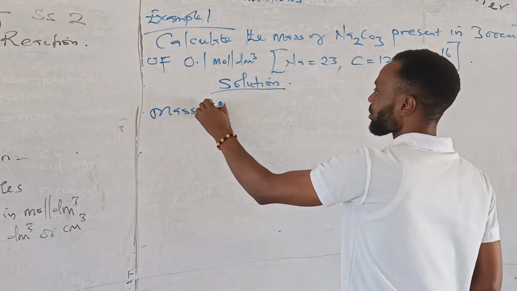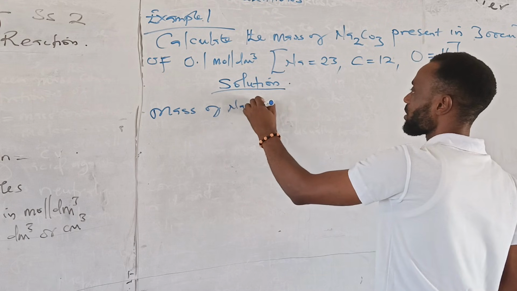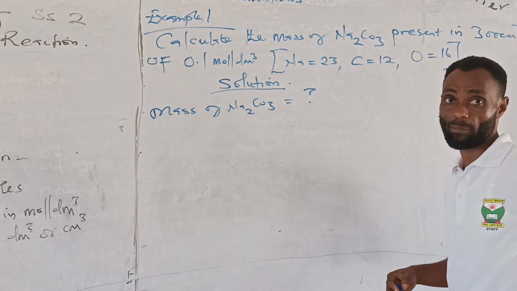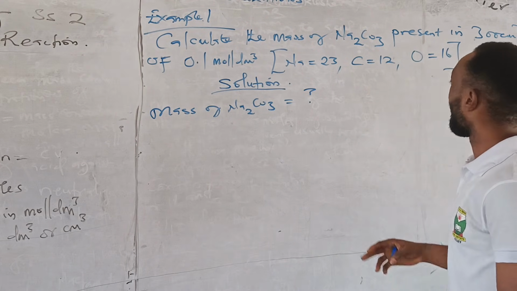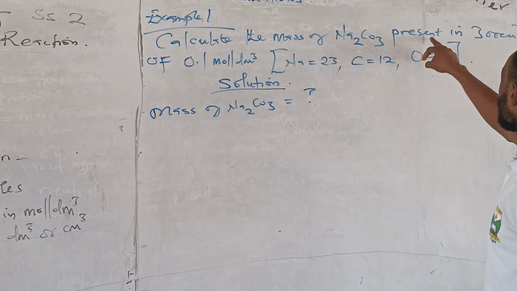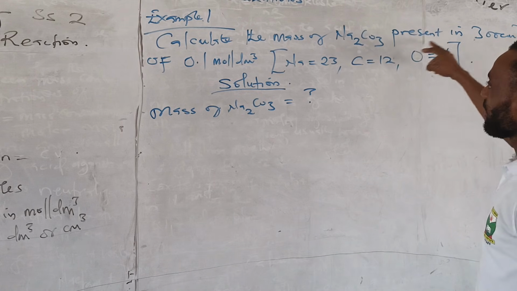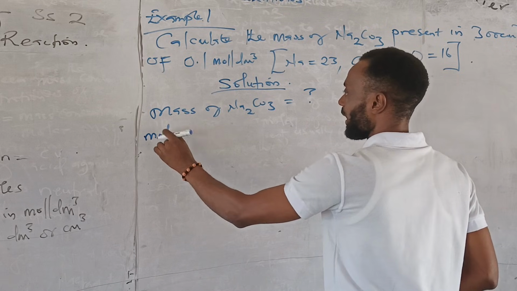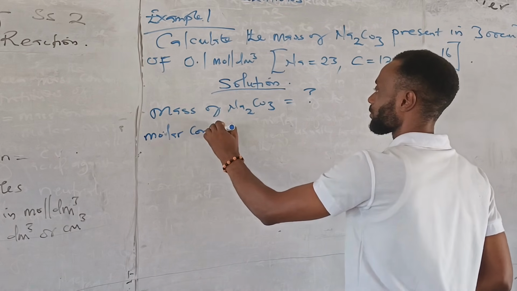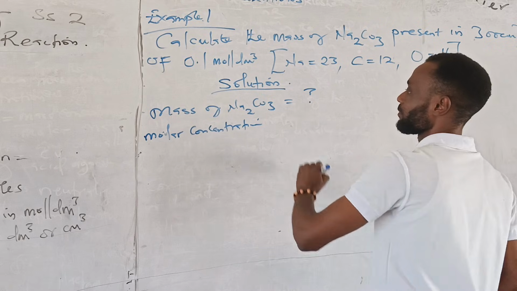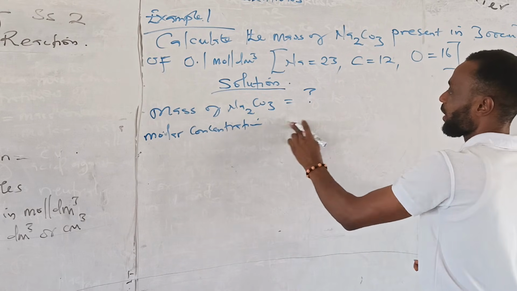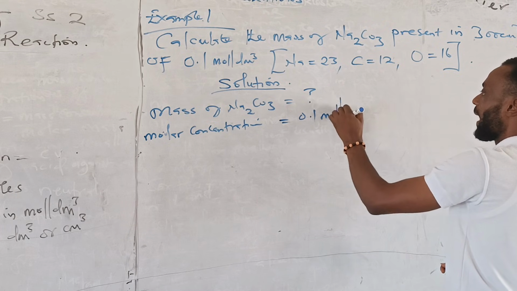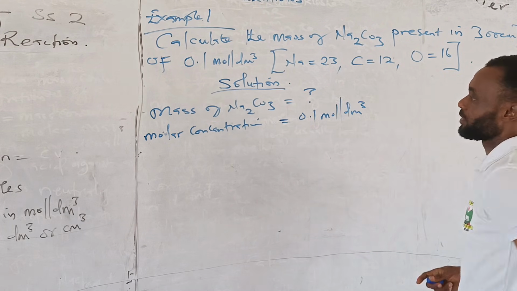Now we'll write the mass of Na2CO3. Of course, this is what we are asked to find, so we don't know it. We can represent it with a question mark. And then, in the same question, we are given a molar concentration of 0.1 mole per dm cube.